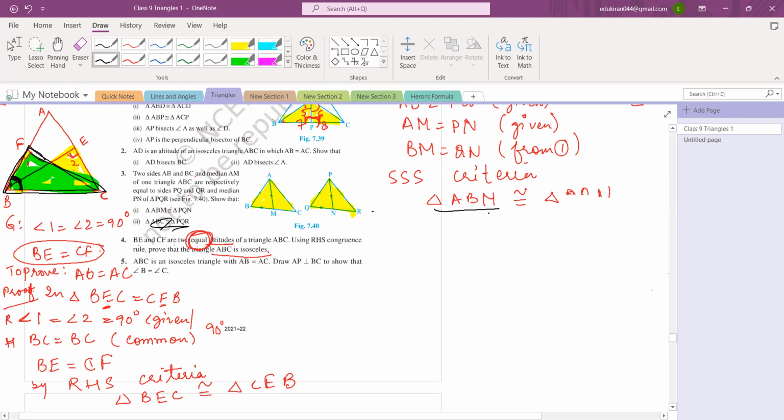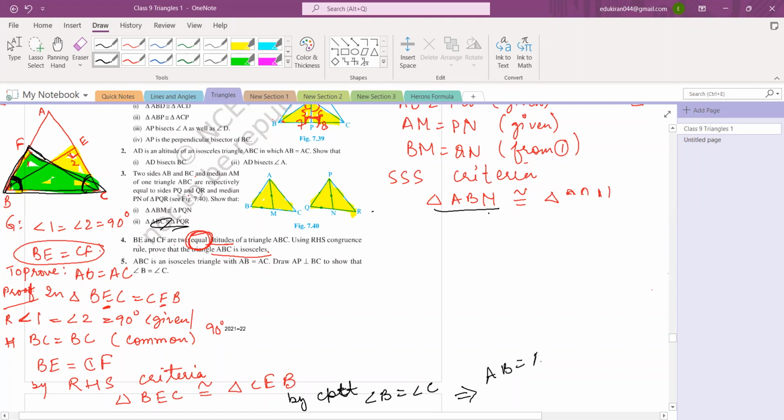This angle B and this angle C are part of this triangle BEC. Now, since these two triangles are congruent, can I write by CPCT, angle B is equal to angle C, right? Now, since angle B is equal to angle C, this implies that the sides are equal.